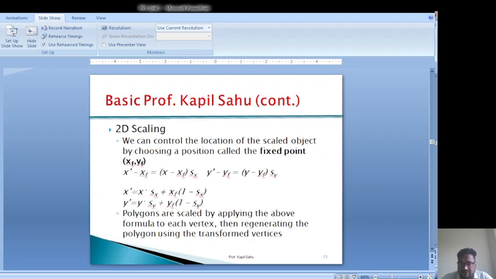We will put the value of sx and sy in the equation. We will put the initial, or we can say the old coordinates value of the image or the object as x, y, and we will get the new coordinates by which we will get the scaled image. So this is the equation that will represent the scaling. And I already discussed what will be the outcome on the size of the object or the image if the values of sx and sy vary.